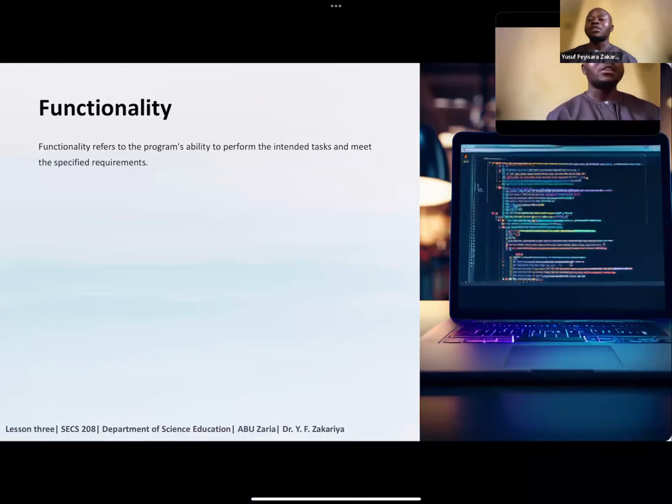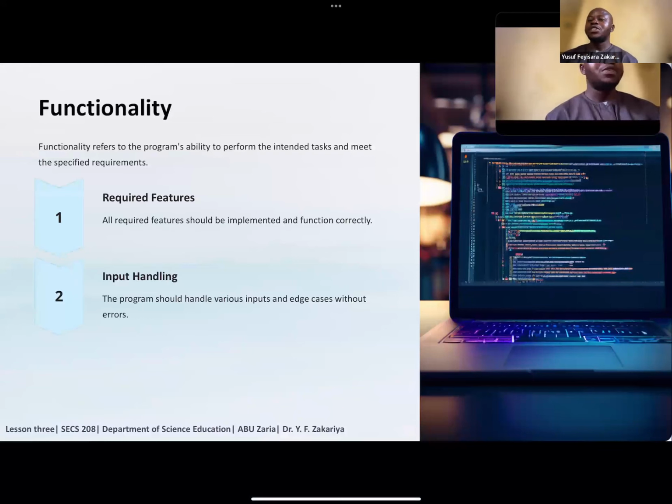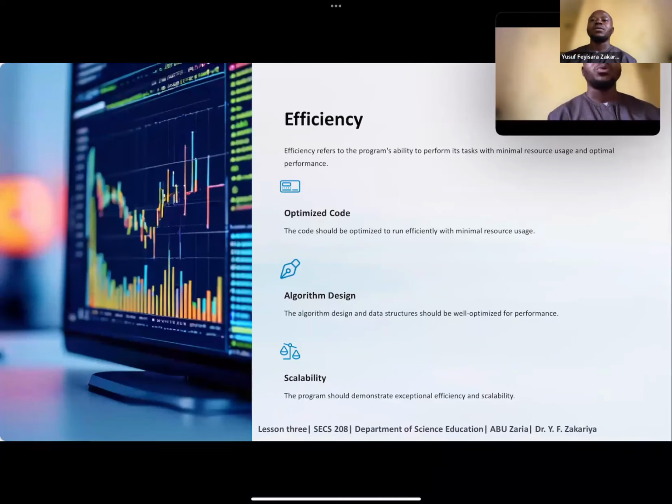So more notes about the functionality for this particular rubric. The required feature, the input, and the functionality requirement. These are the things that we need when you describe functionality as a criterion for grading computer projects. The efficiency: is the code optimized? Algorithm, is it well designed? Is it scalable? Can you move from small to big?